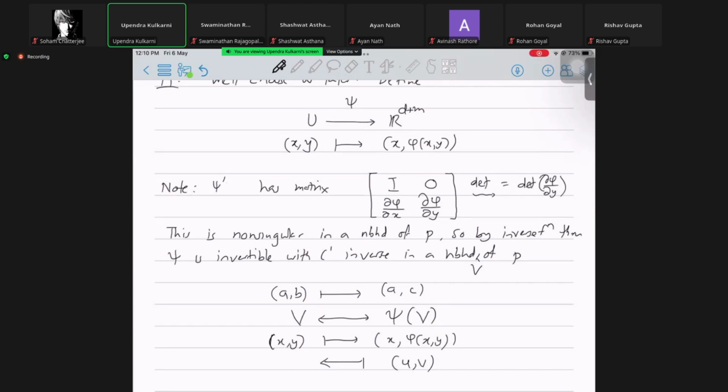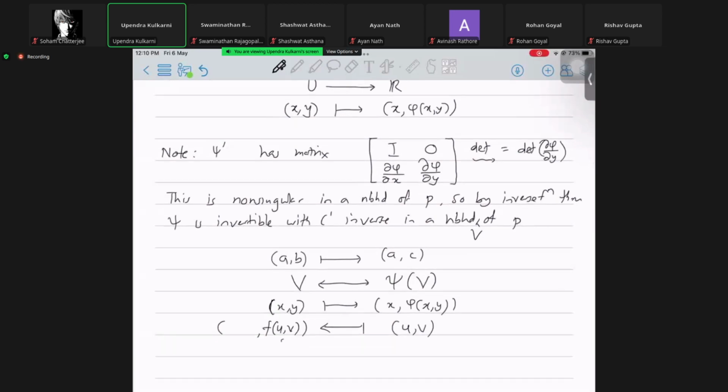So this is really going to be some function where the second function, let's say I'm going to call it f of (u, v), right? Sorry, not f, because f is the function that I want. Some notation here. So what do I call this? Alpha.